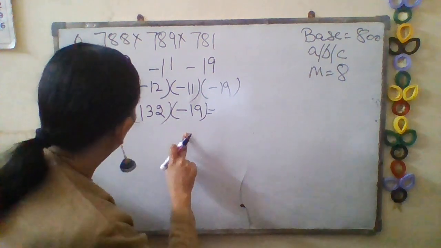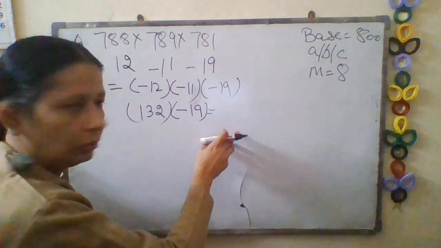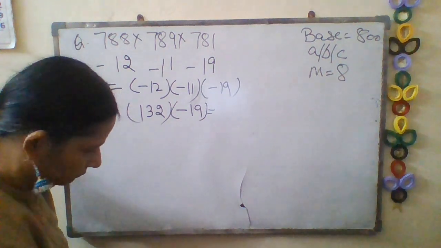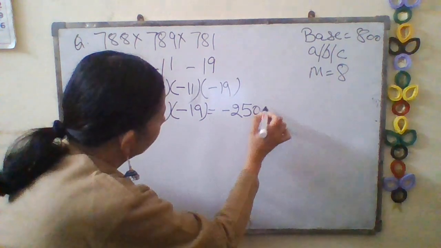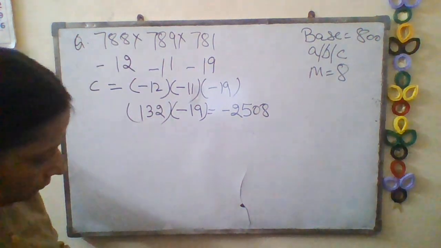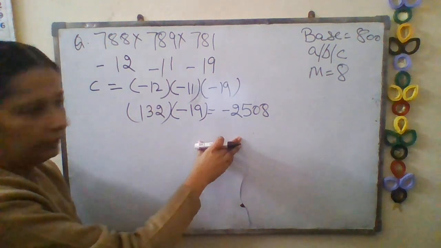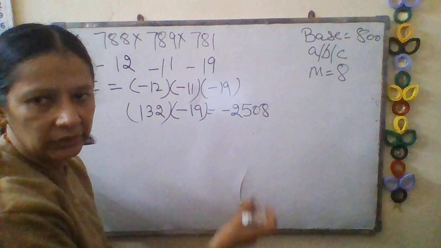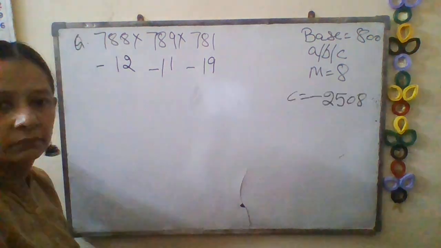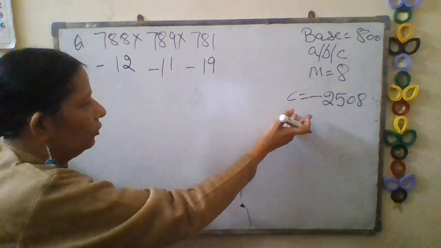Now this portion I have solved for you already, so I am just going to write down directly. See, when you multiply this, you will get minus. Okay, so I am going to write down the value of C here.